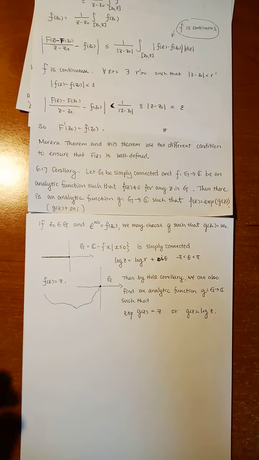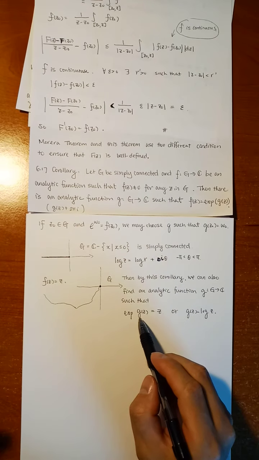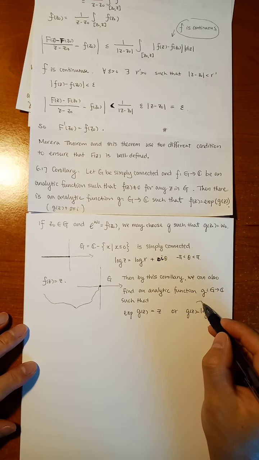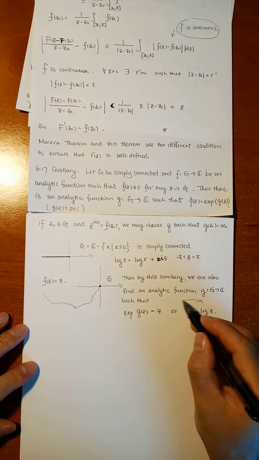So it's still very neat, but here it's not that neat. We cannot just write log z, because then you have to clearly write down the condition, which depends crazily on the selection of g. So the best way to write is g composed with the exponential function equals z.